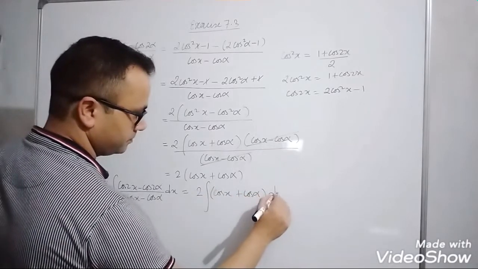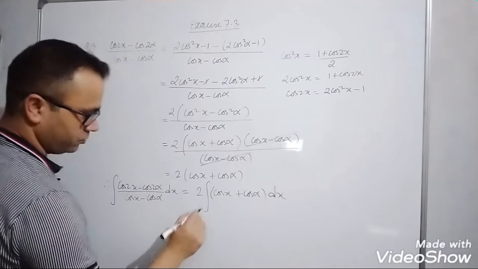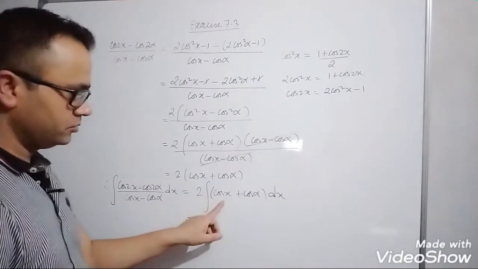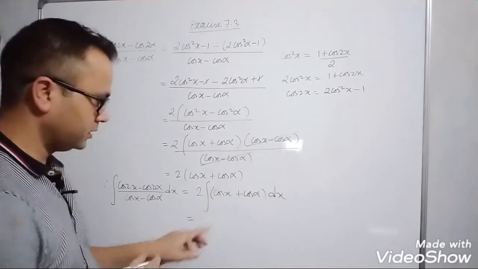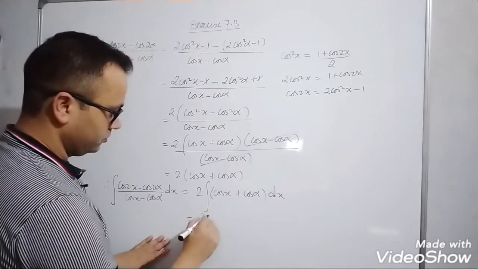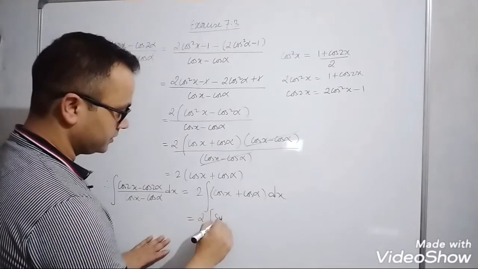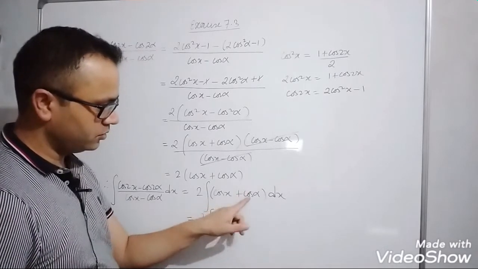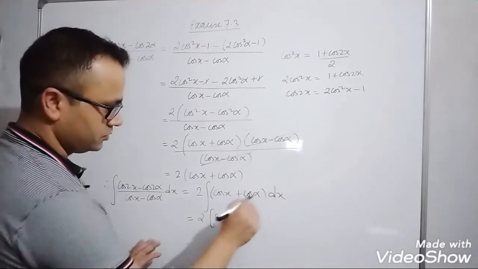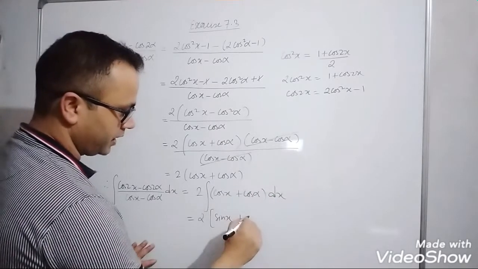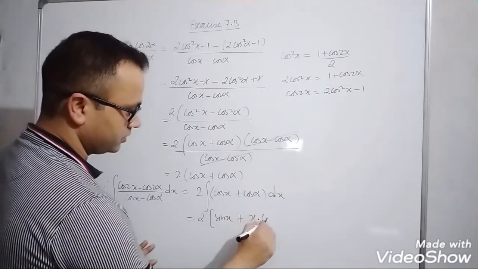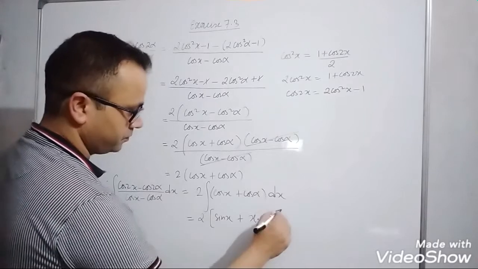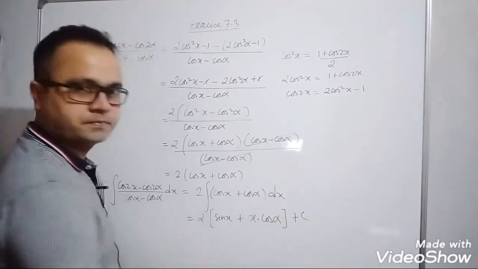dx. What is the integration of cos x? The integration of cos x is sin x. So 2 times, inside the bracket, sin x. Cos alpha is a constant, so we only have to integrate dx. The integration of dx is x, so x into cos alpha plus c.